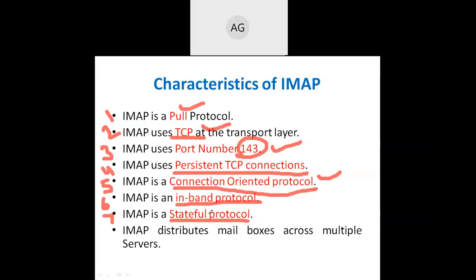The last characteristic is IMAP distributes mailboxes across multiple servers. So just remember this. This is the important characteristic which differentiates it from the POP protocol.